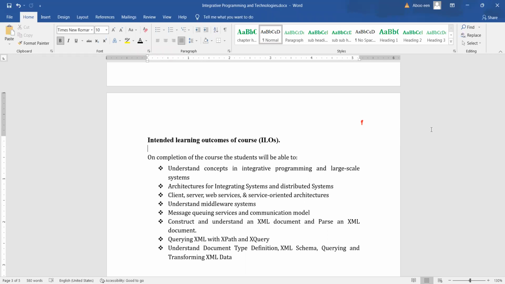And in your Java programming, what are the areas we discussed? We discussed data types, applets and servlets, and GUI, graphical user interface components.